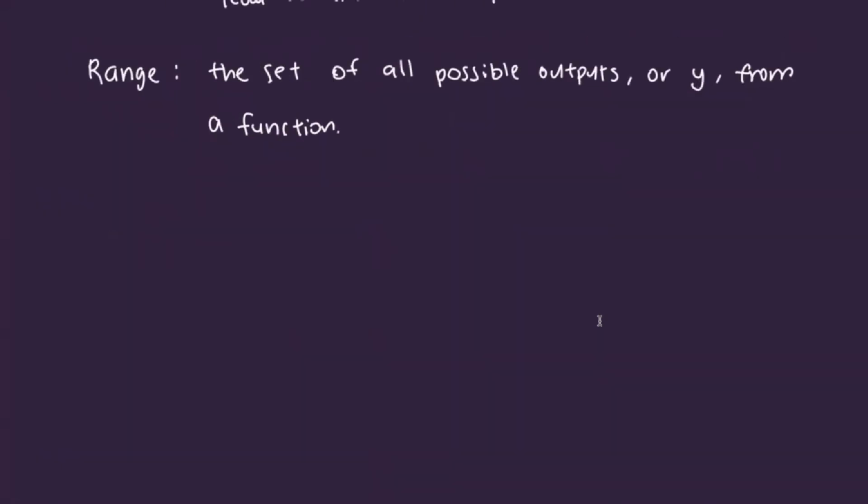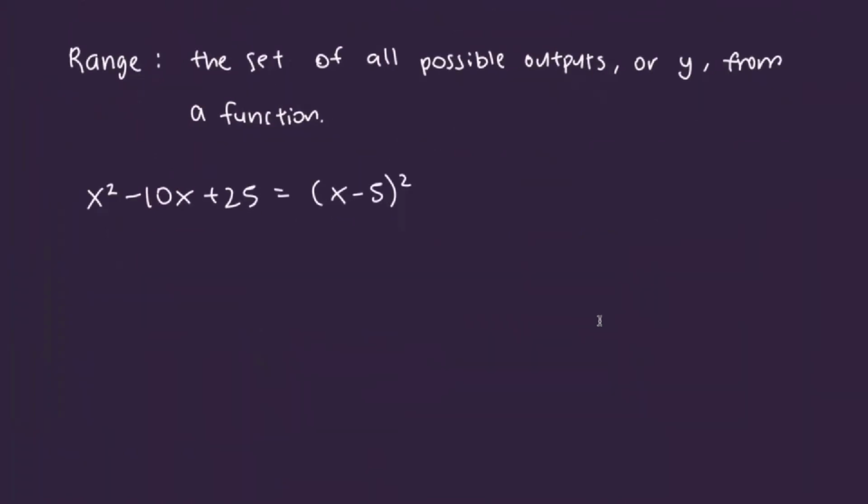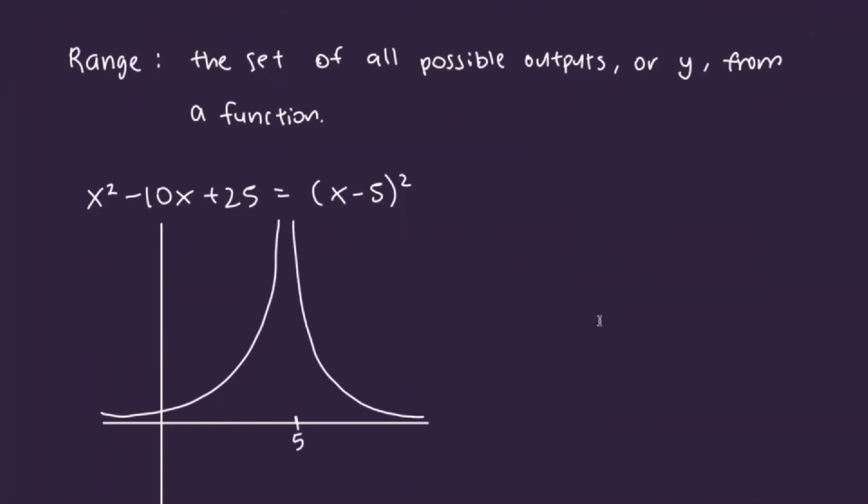So let's look at a rough graph from the example above. In the example above, we had x squared minus 10x plus 25. This is also equal to x minus 5 squared. So the graph will look like this, around what the graph would look like.